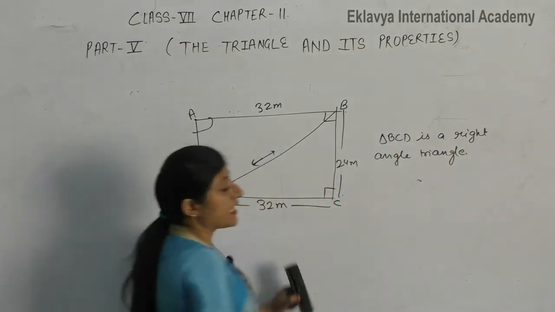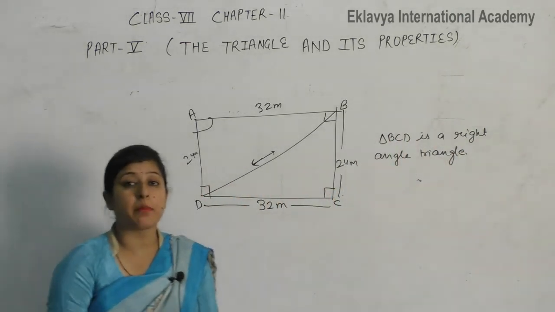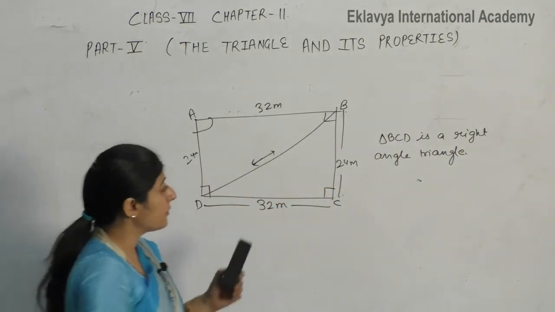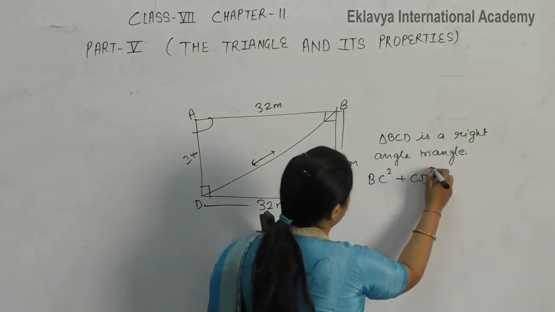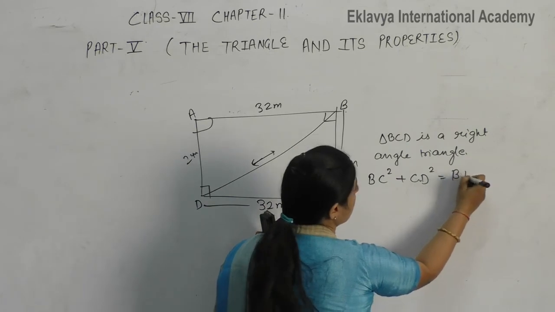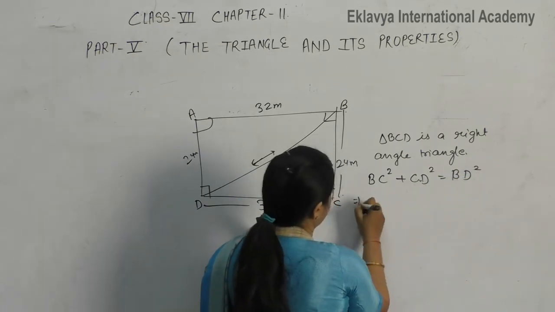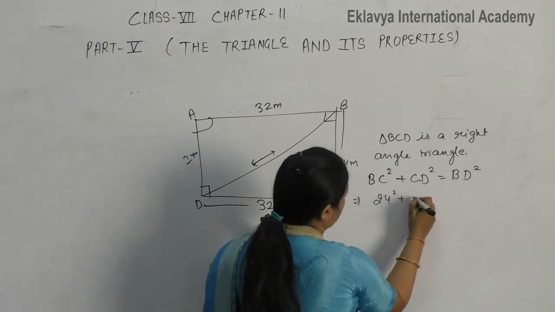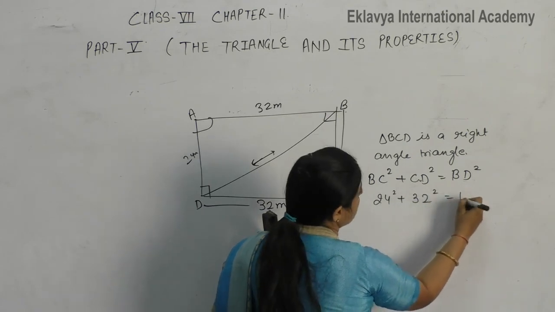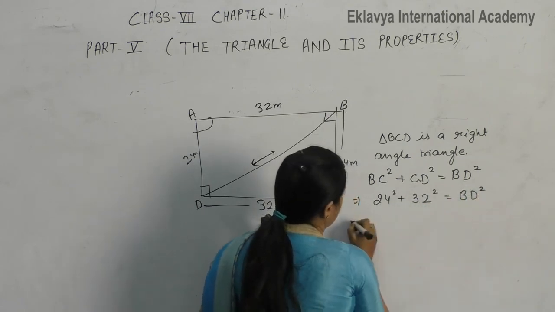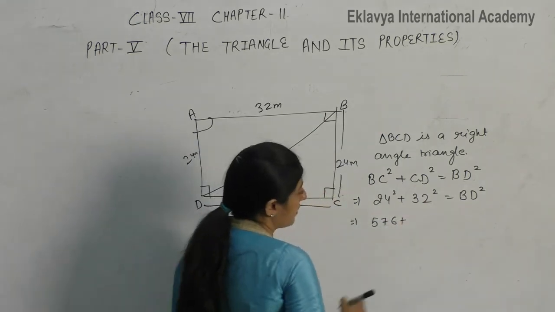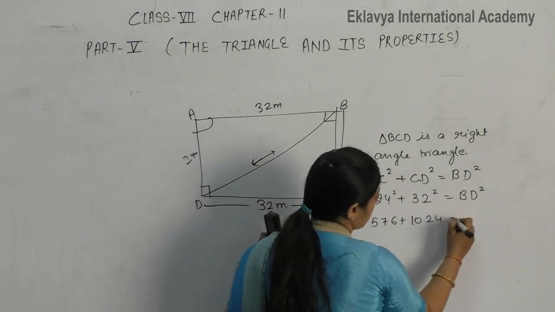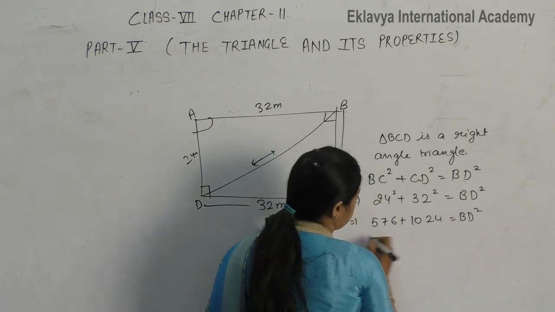If it is a right angle triangle, it means we can apply the Pythagoras theorem. Then BC square plus CD square is equal to BD square. 24 square plus 32 square is equal to BD square. 24 square is 576, 32 square is 1024.